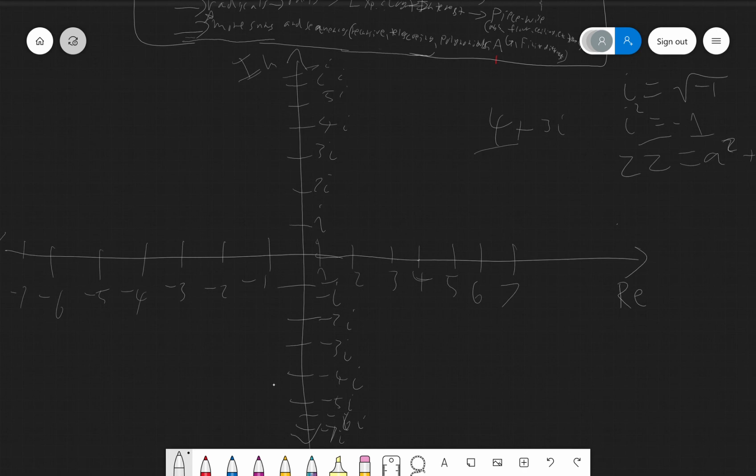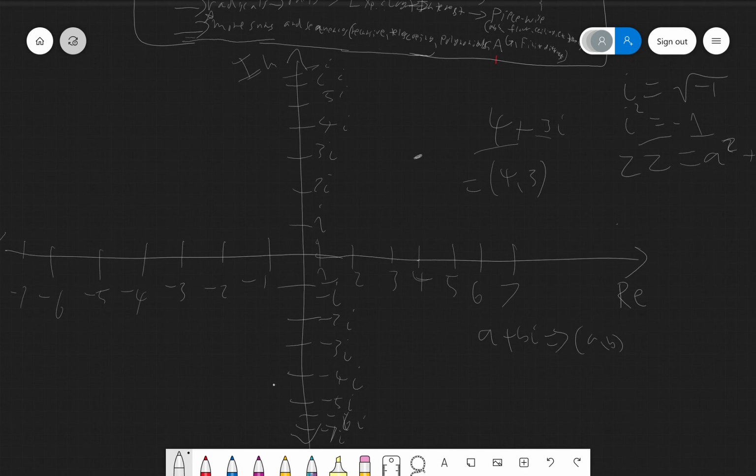So 4 plus 3i just becomes 4, 3 in the real plane, or in the Cartesian plane. So a plus bi becomes a comma b. So we have 4, 3. If we go 4, then the imaginary part's 3, so we go up 3. So to here, 3i.